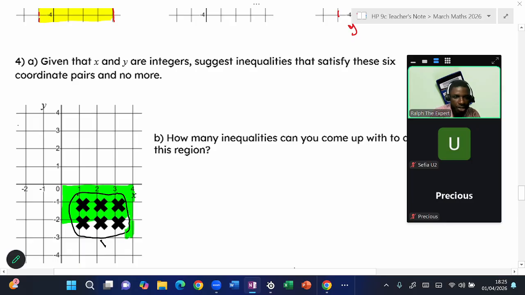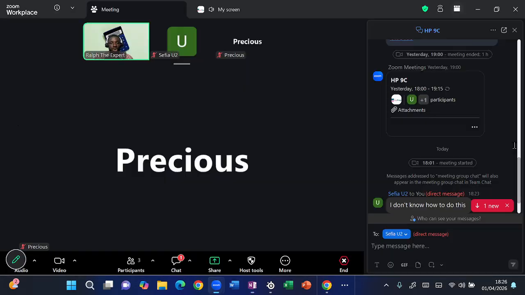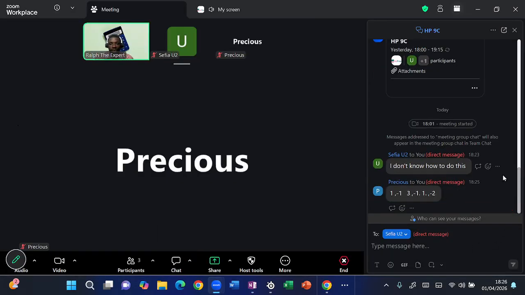And probably even stop it here. So just give me an inequality that satisfies this region. It's that easy, and I'll show you in a moment. But I just hope someone gets it.